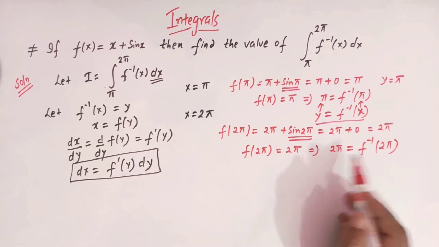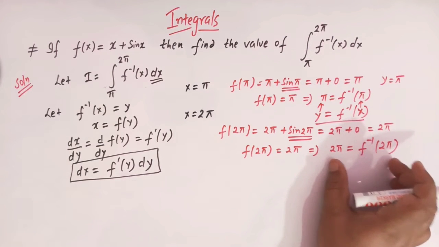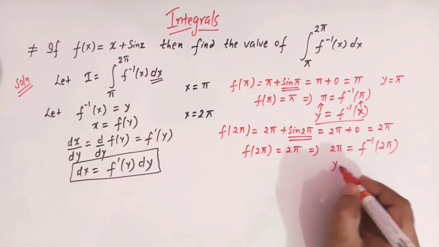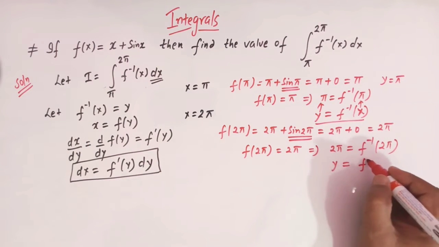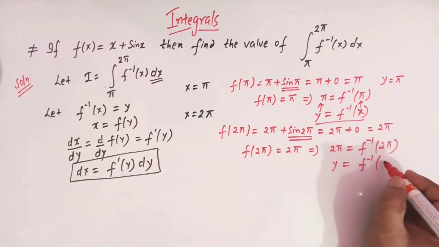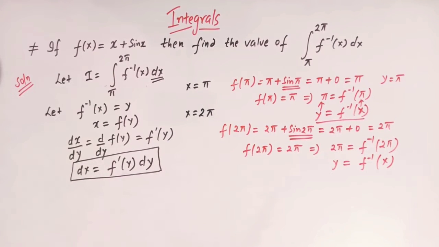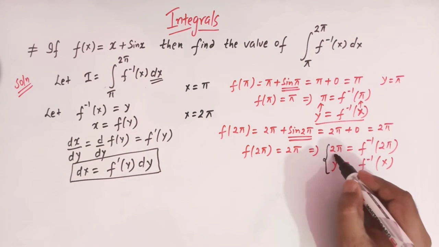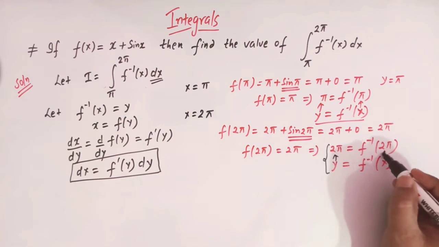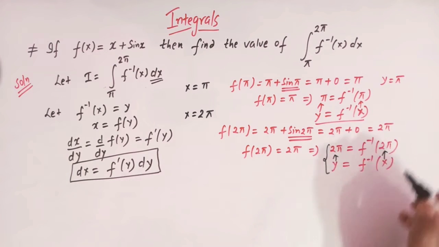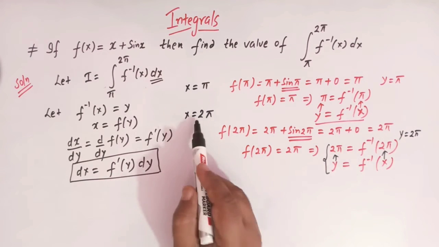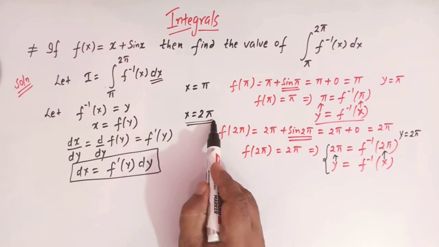And again if we compare this with y is equal to f inverse of x, then we'll get y is equal to 2 pi when x is equal to 2 pi.